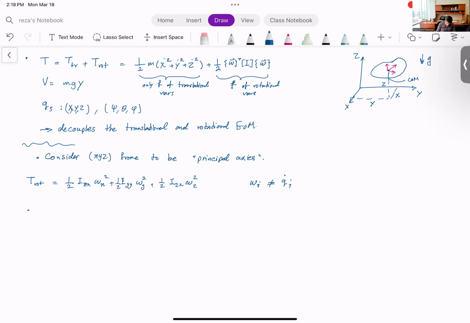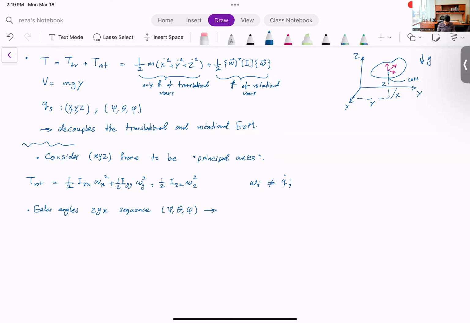So I can use Euler angles, and let me use as an example the zyx sequence with variables psi, theta, and phi in that order.